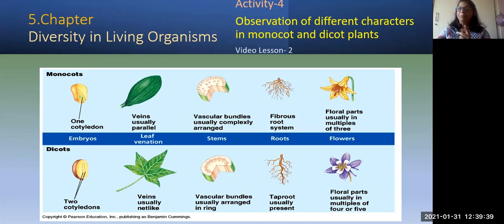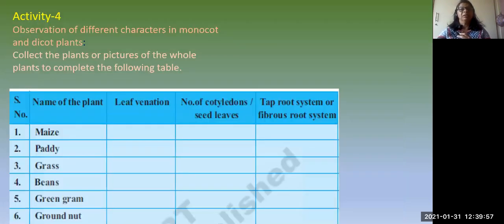That means 4 are present, or 8, or multiples like 12. So here we can see the odd number, and here we can see the even number of petals. So these are the main differences which you can see between monocots and dicots.